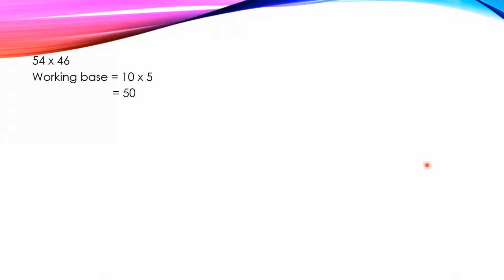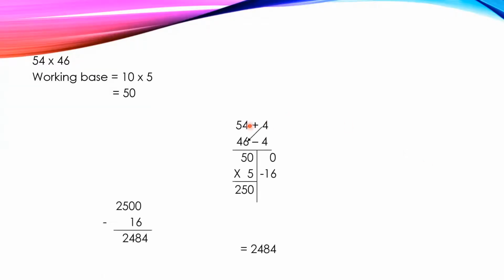Here again, it is the question of plus and minus. So, here again we have partition, and here 4 into 4 is 16. Again, plus minus is minus, and minus 16 is less than 0, so 0 will come above it. Now we can either add 4 to 46 or subtract 4 from 54. In both the cases, we will get answer as 50.